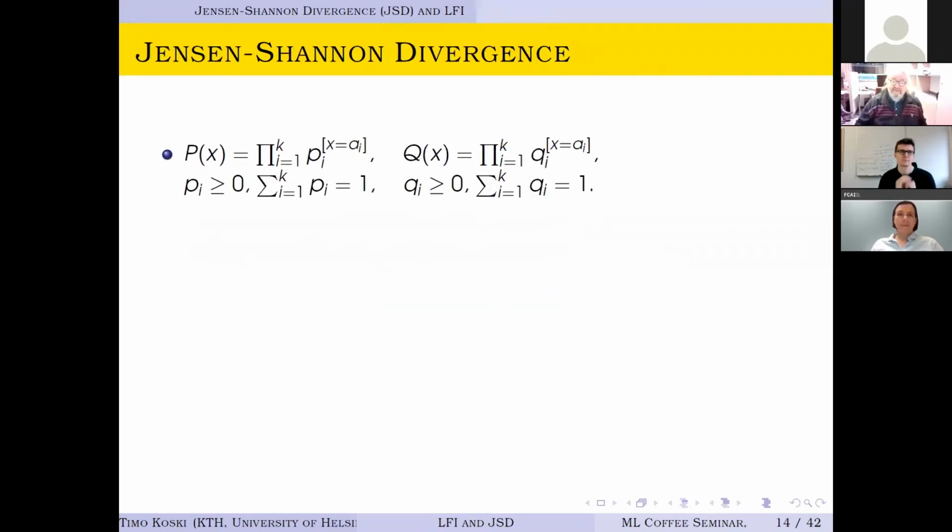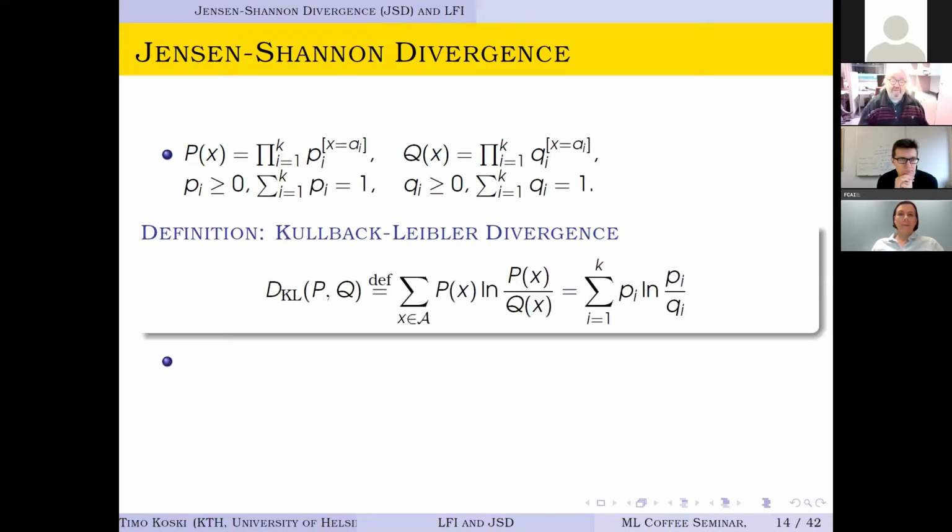So now I'm going to introduce this Jensen-Shannon divergence. Quite generally, I'm looking at two categorical distributions with different category probabilities pi and qi, and then I first have to define the Kullback-Leibler divergence, which is in some sense the expectation with respect to p of the log likelihood ratio between p and q.